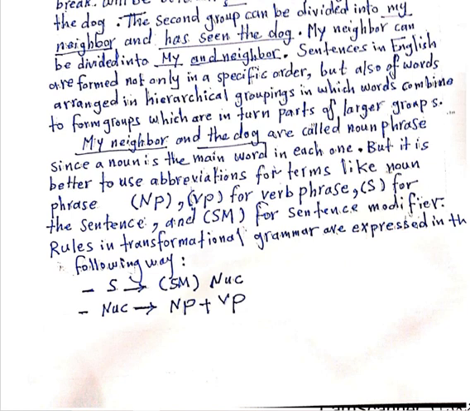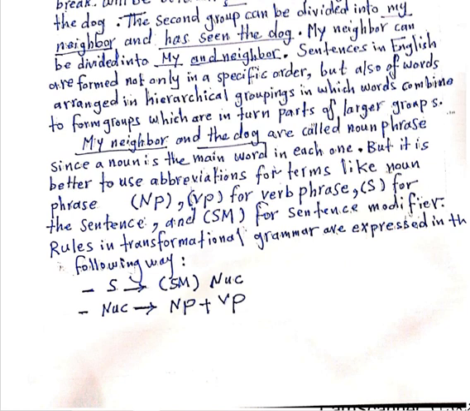But it is better to use abbreviations for terms like noun phrase, to make acronyms for the linguistic terms in this theory. We will deal with the acronyms in transformational generative grammar.